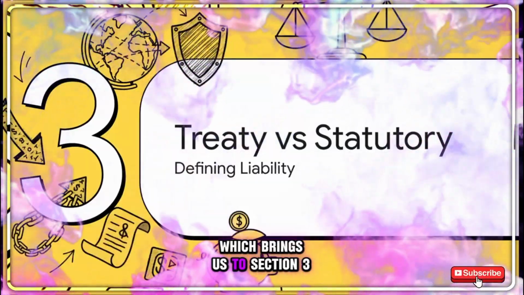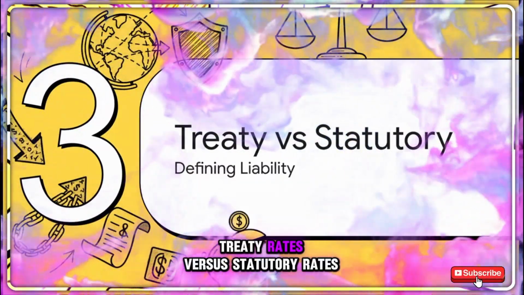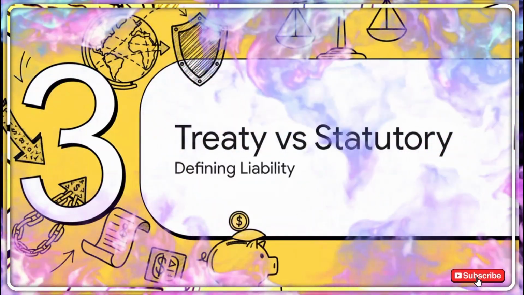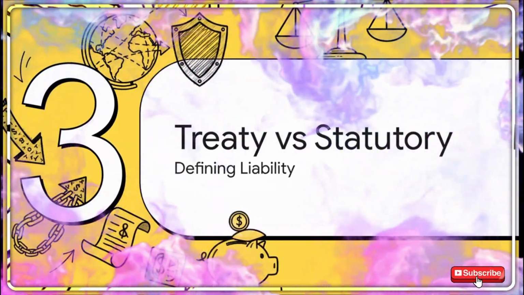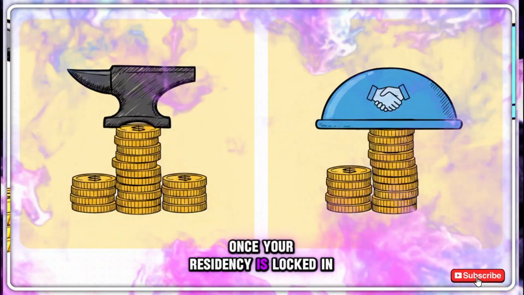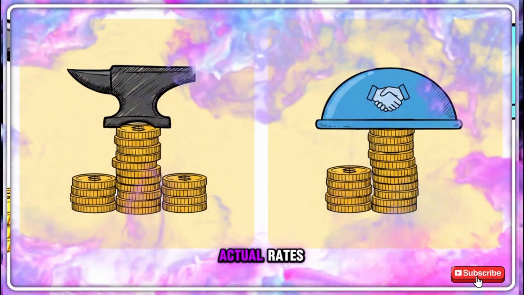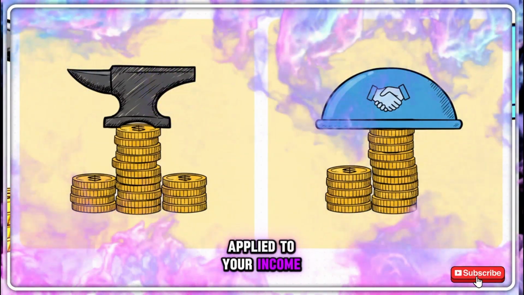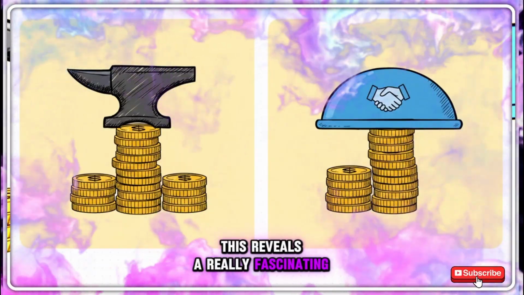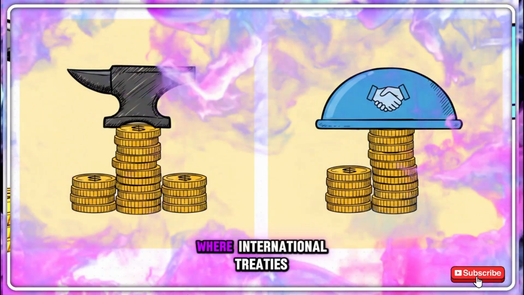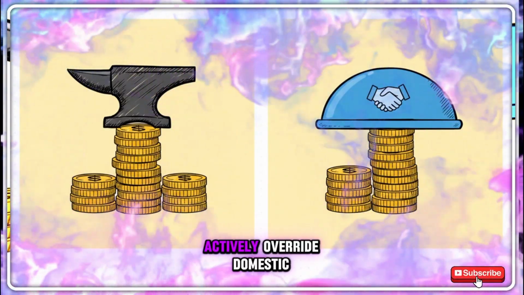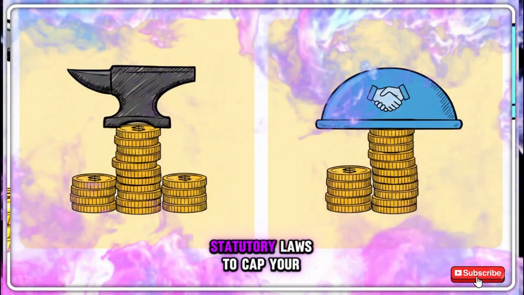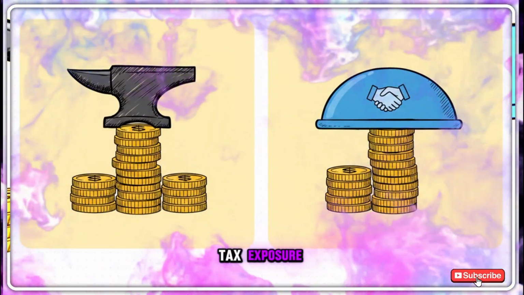Which brings us to Section 3, treaty rates versus statutory rates and defining legal liability. Once your residency is locked in, we have to look at the actual rates applied to your income. This reveals a fascinating systemic interaction where international treaties actively override domestic statutory laws to cap your tax exposure.